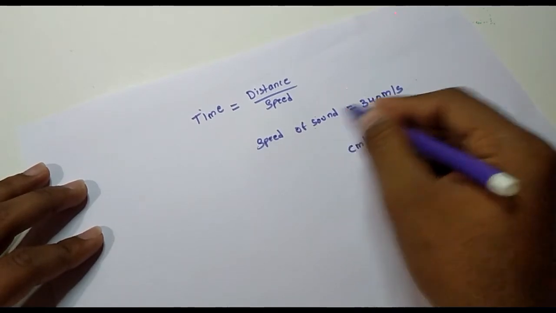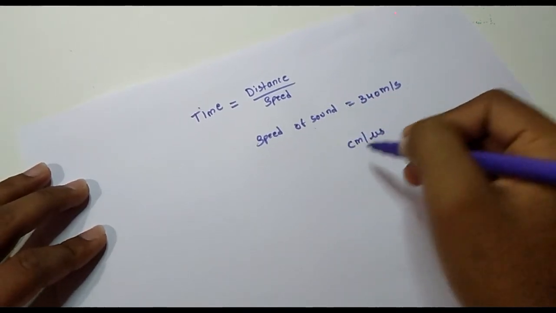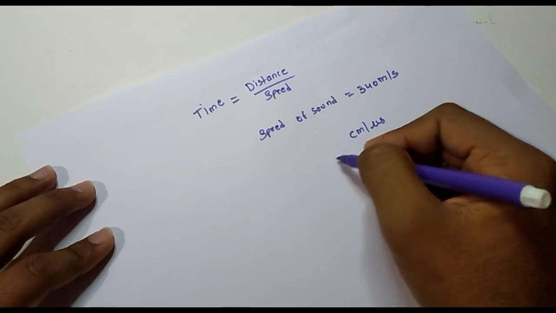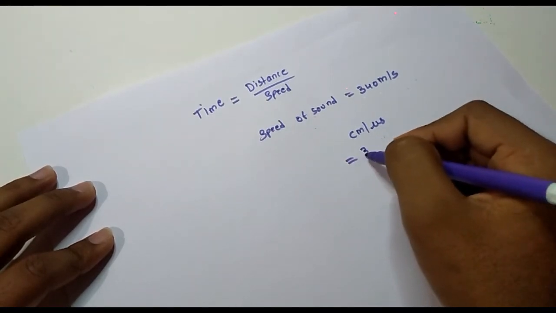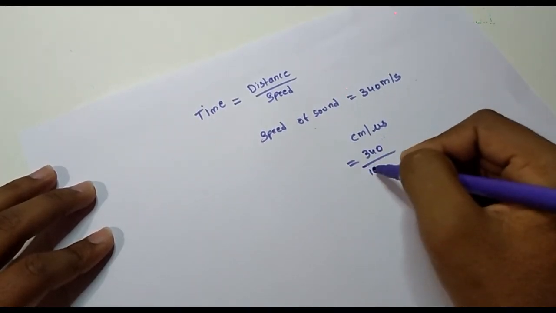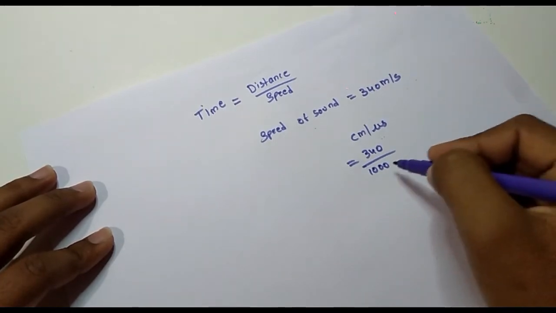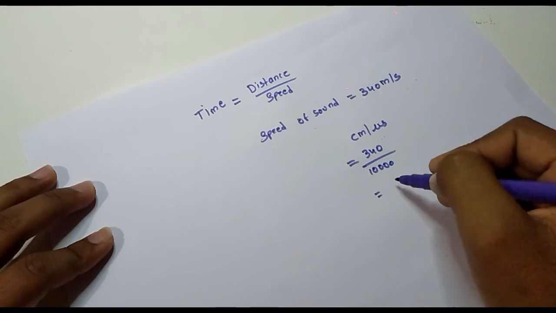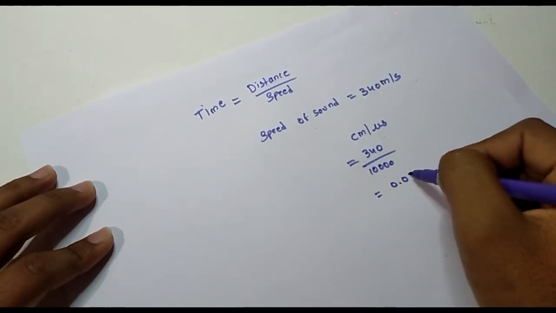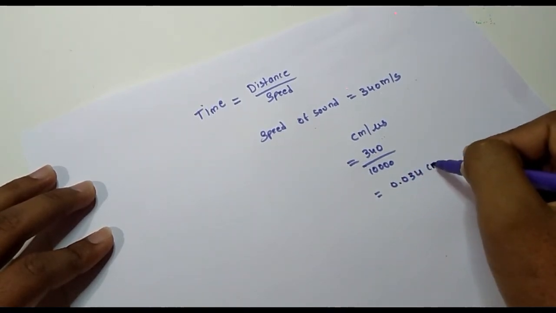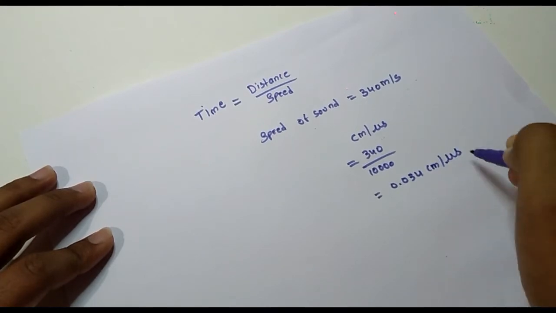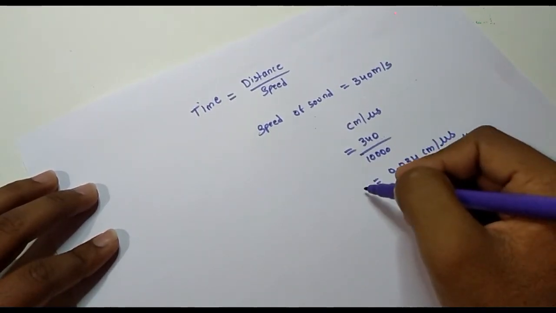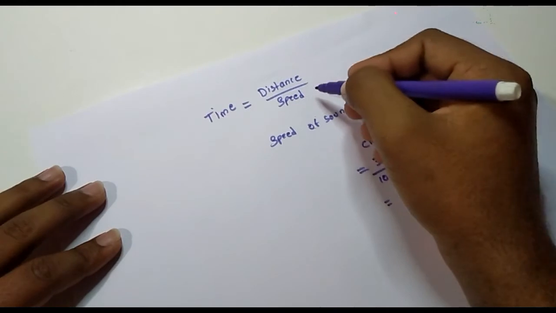So convert this into centimeters per microsecond. To convert, divide 340 by 10,000. So we will get 0.034. Now it is in centimeters per microsecond. So we will use this as the speed of sound.